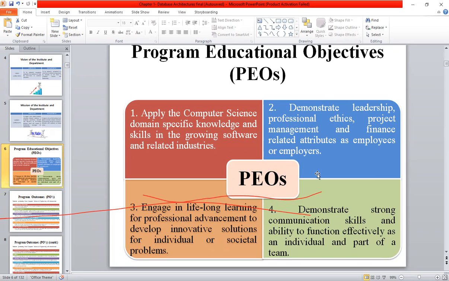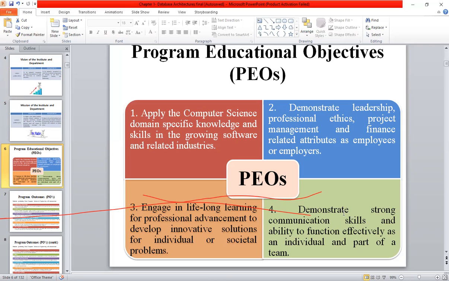The first PEO is to apply computer science domain specific knowledge and skills in the growing software and related industry. Whatever knowledge you gain, programming, front end, programming languages, back end, databases, can be applied to the specific domain, and these skills are growing in the software related industry. So this is the first PEO.